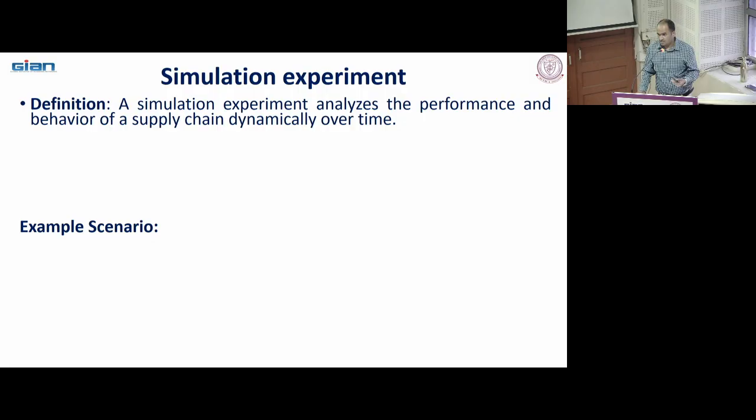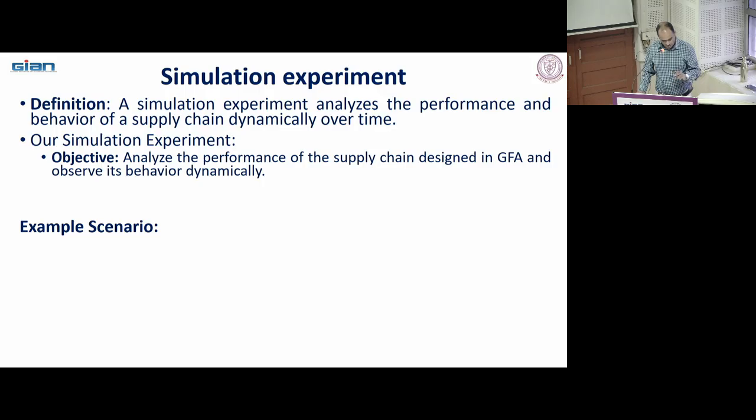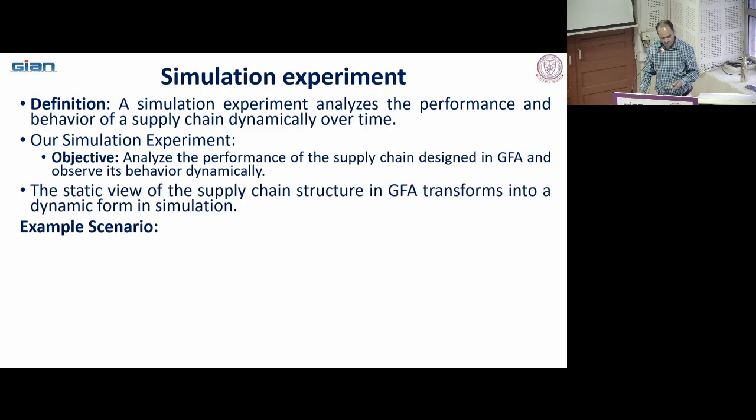If you want to understand any system or any model, for that purpose we do the simulation. In our case, we are going to analyze the performance of the supply chain design from GFA, and then observe its behavior dynamically. The static view of the supply chain is the GFA. In GFA we don't do it dynamically over time, but we are converting it into the simulation zone.